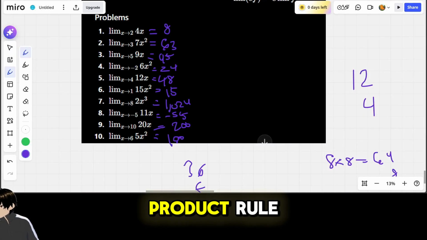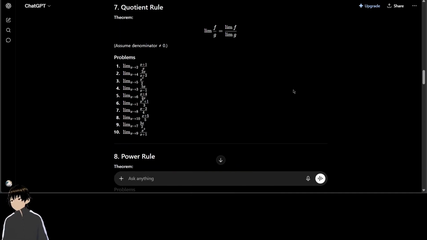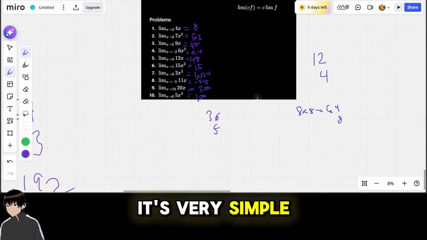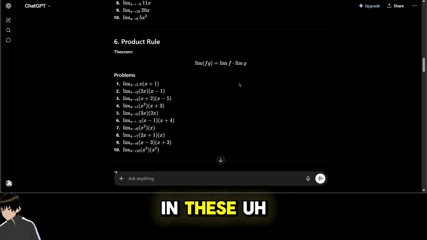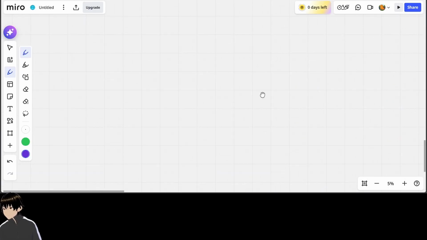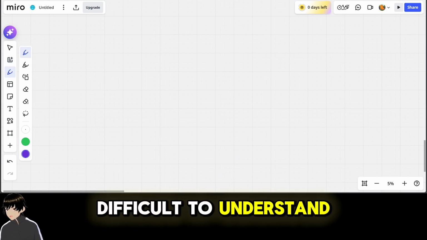Now let's do the product rule. We still have a lot more rules to do. This is very simple. What trips me in these kinds of things is just the algebra of it. I don't really find the concepts difficult to understand.